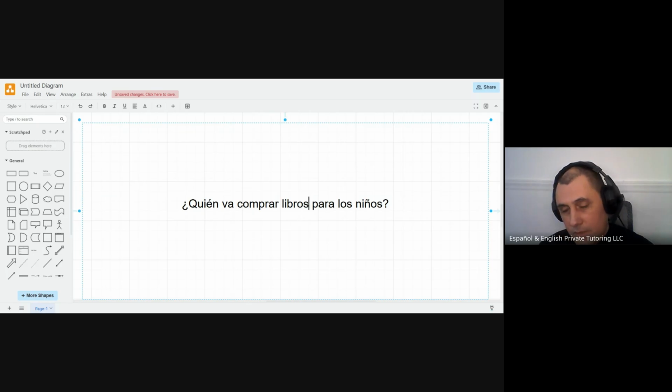So try to think of this in English. Who is going to buy books for the children? What is the indirect object in that sentence in English? That sentence doesn't have an indirect object, because indirect objects in English and Spanish should use the preposition to, not for.